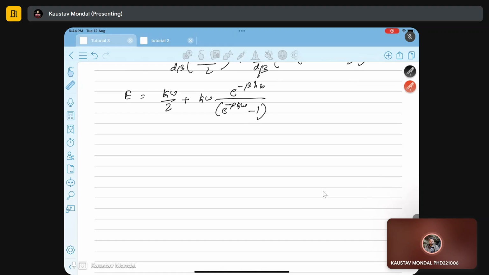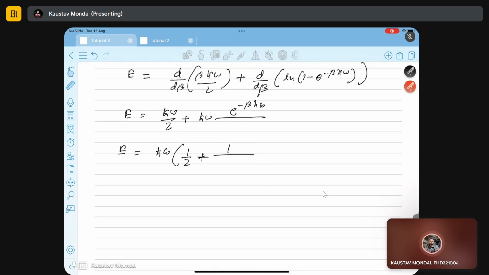Now we'll further simplify it. You can take h squared omega as common, right? H squared omega, then you get half plus, we can divide e to the power beta h squared omega in the numerator and denominator, then we'll get 1 by, okay, so it would be like this.